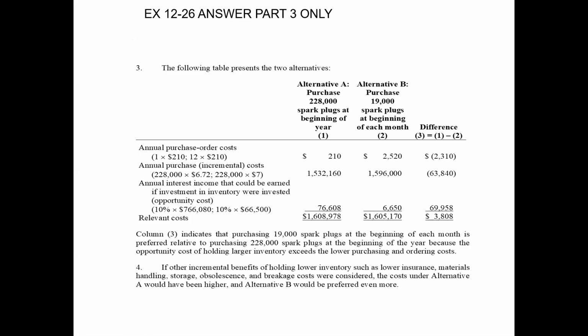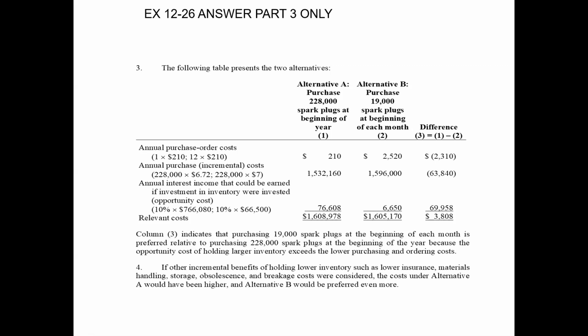And our annual interest income that would be earned if the investment in inventory were invested, again, this would be an opportunity cost, so it would be 10% of 766,080 if we were to buy them all at the beginning. So the relevant cost is 1,608,978.